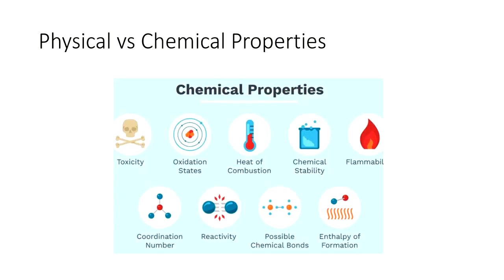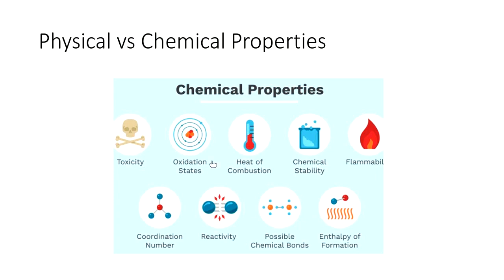So for example, toxicity. If you drink too much of an acid, that acid is going to react in your stomach and is going to produce some other substances, right? Those substances are going to cause some effect in your organism. So we say that that substance is toxic, right?